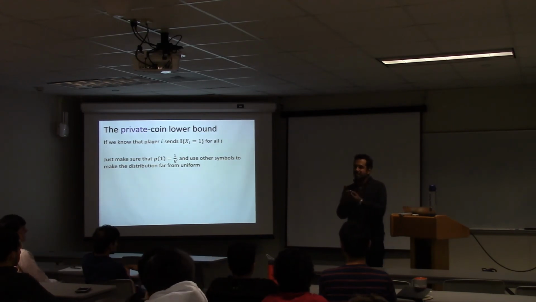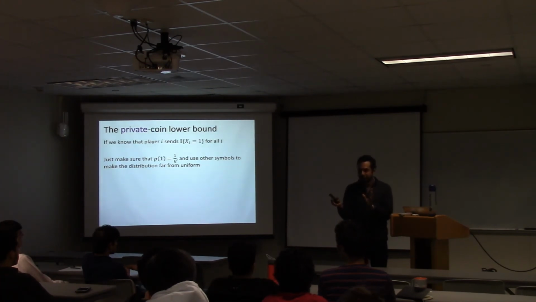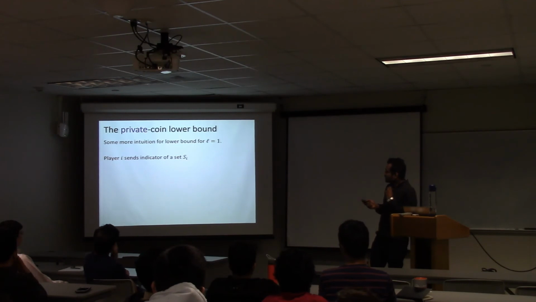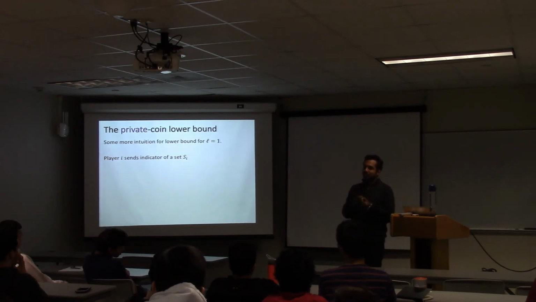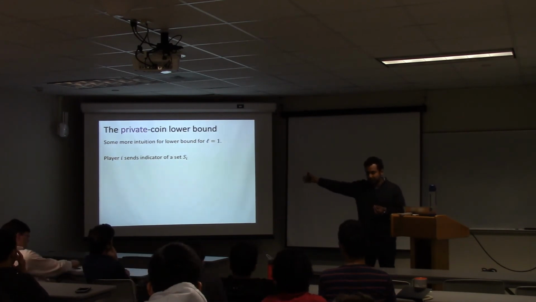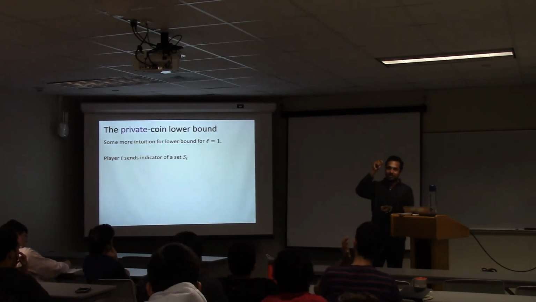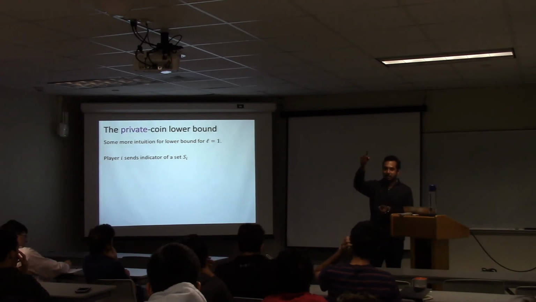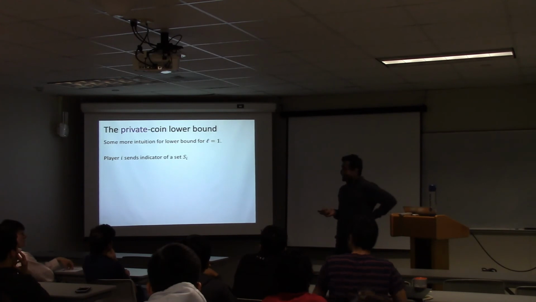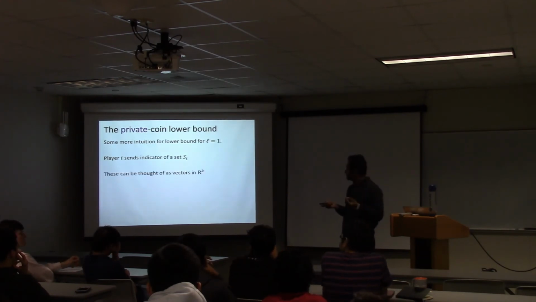It essentially sends an indicator of whether the sample lies in some subset. The subset is fixed, that's why it's a private coin protocol. So each player essentially sends an indicator of some set S_i. In the previous slide each S_i was just the set containing the symbol 1. Otherwise, each player could send an indicator of some set S_i.